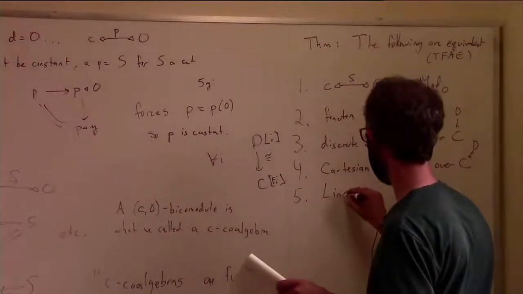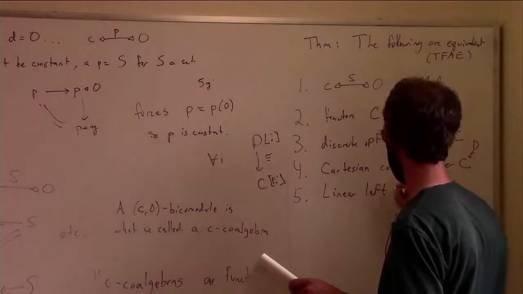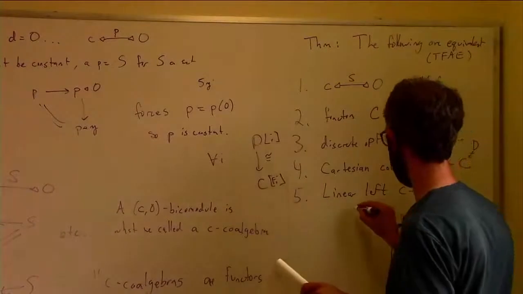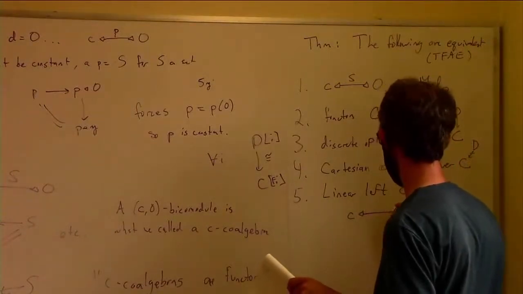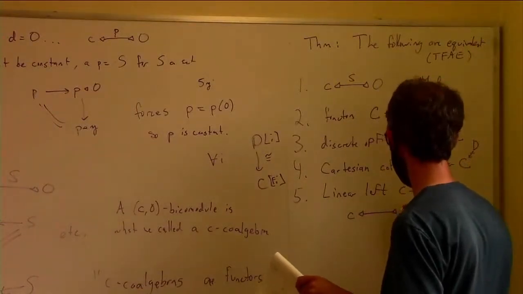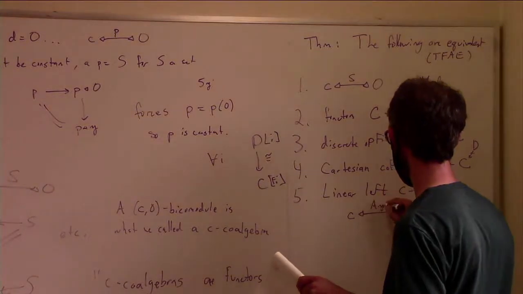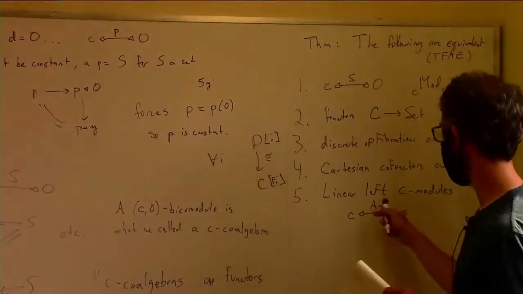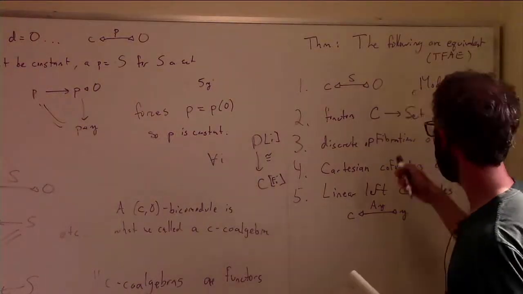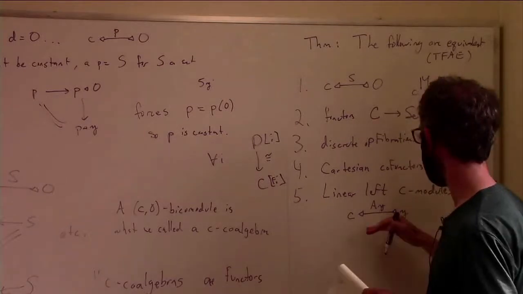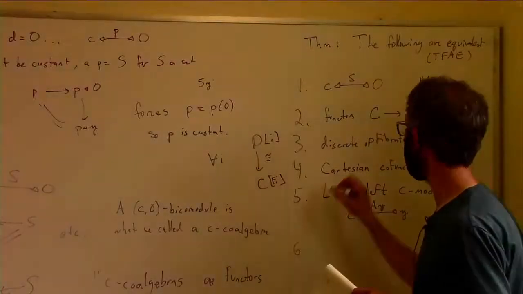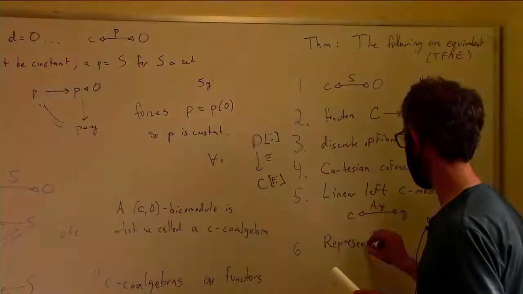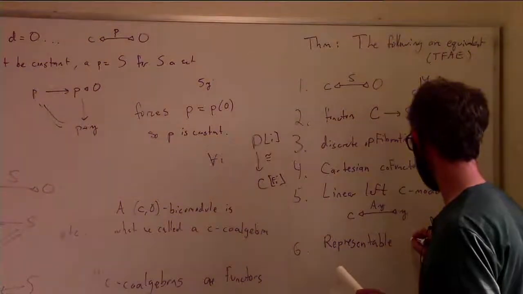these are the same as linear left C modules. So if you have C and your carrier was a constant polynomial, then that thing will have to be, again, just a functor from C to set. The category of these is equivalent to the category of functors from C to set. And one thing I like about number 5 and number 6 is that there's some alliteration so you can remember it.